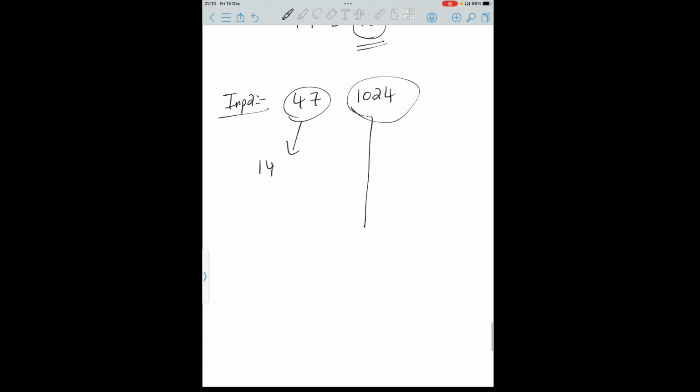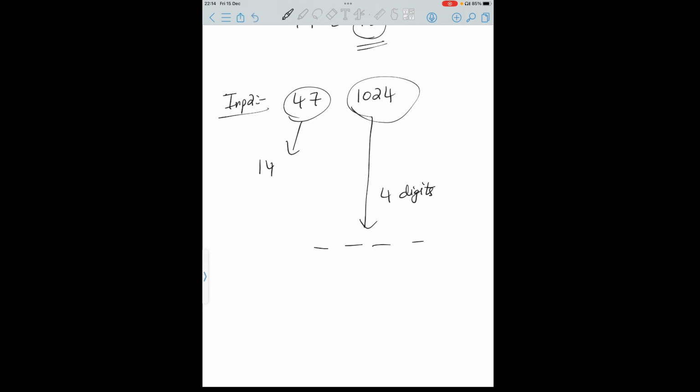Okay. For 1024, there are four digits. Since there are four digits, we only consider all the four-digit numbers that satisfy the property mentioned in the question and are less than or equal to 1024.